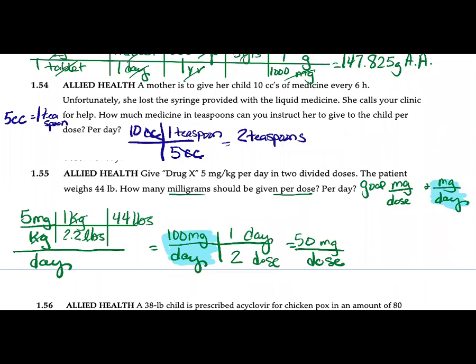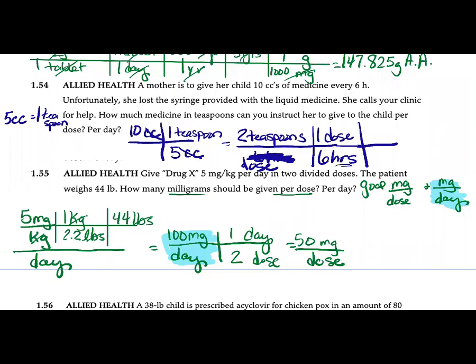Now we want to know how much per day. So now this is really 2 teaspoons per 6 hours, but that was our given dose, right? Oh, I'm sorry. Why did I write that? It's 2 teaspoons per dose. And so we have in one dose, 6 hours. Then we want to know how many per day.